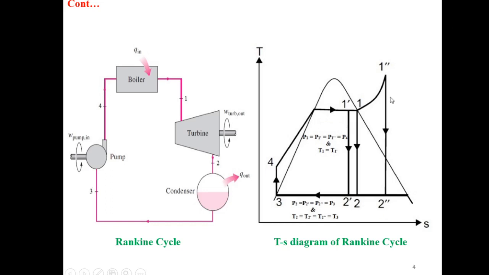Means in the Carnot vapor power cycle, there is a limitation for point 1. This point 1 can be here only. It cannot go on the right side, it cannot become superheated steam. But in Rankine cycle, this point 1 can be superheated steam, that is, it can be 1 double dash.